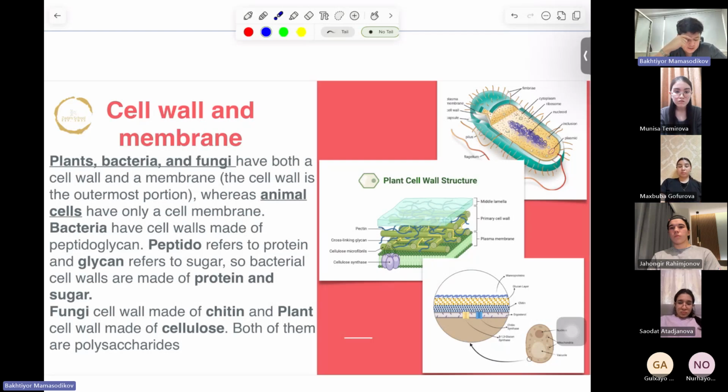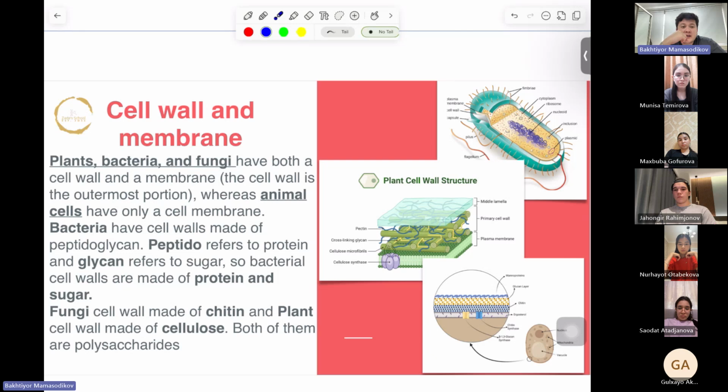In bacteria you also have the cell wall, and in fungi we have the cell wall also. But our cells, human cells or animal cells, do not have the cell wall.